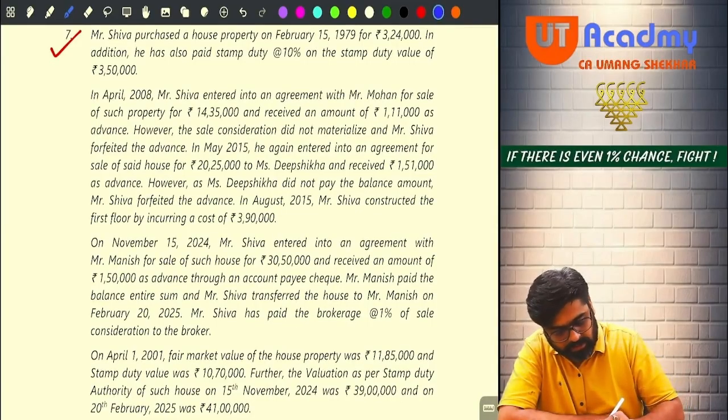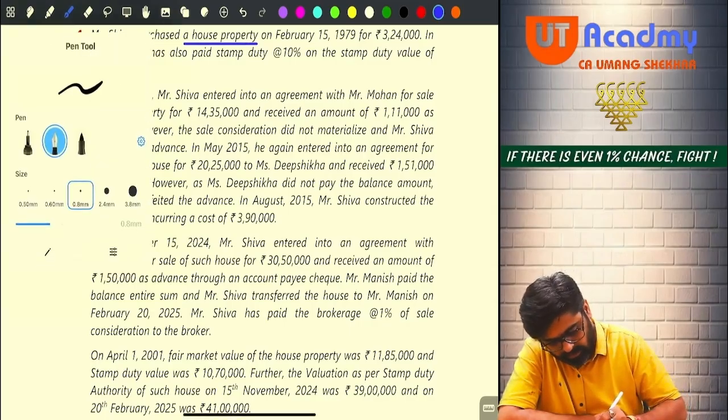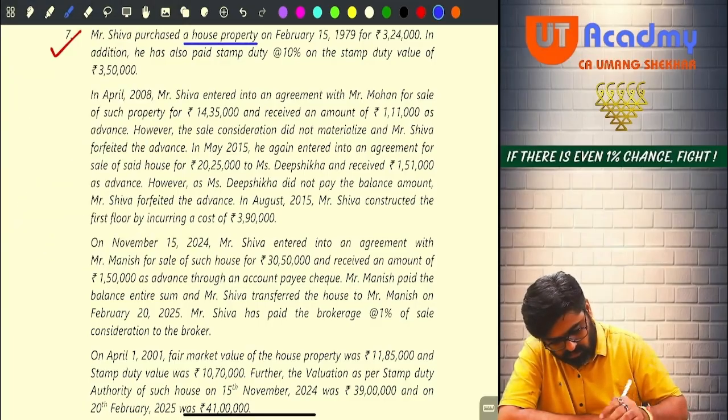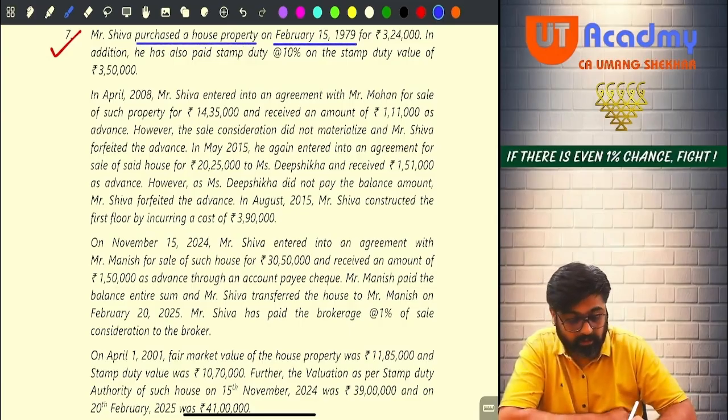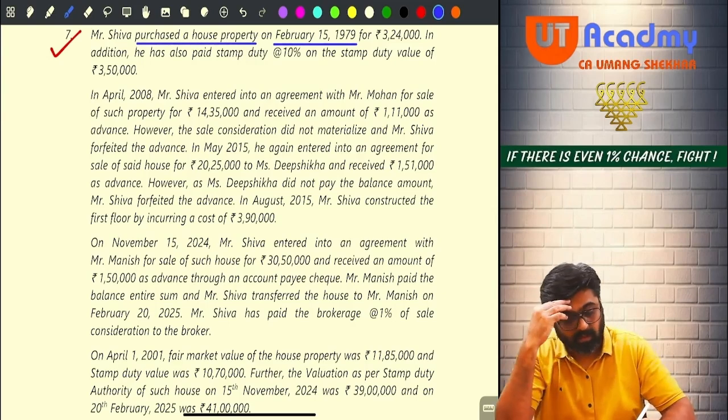Mr. Shiva purchased a house property. He purchased a house property on 15 February 1979 for rupees 3,24,000.